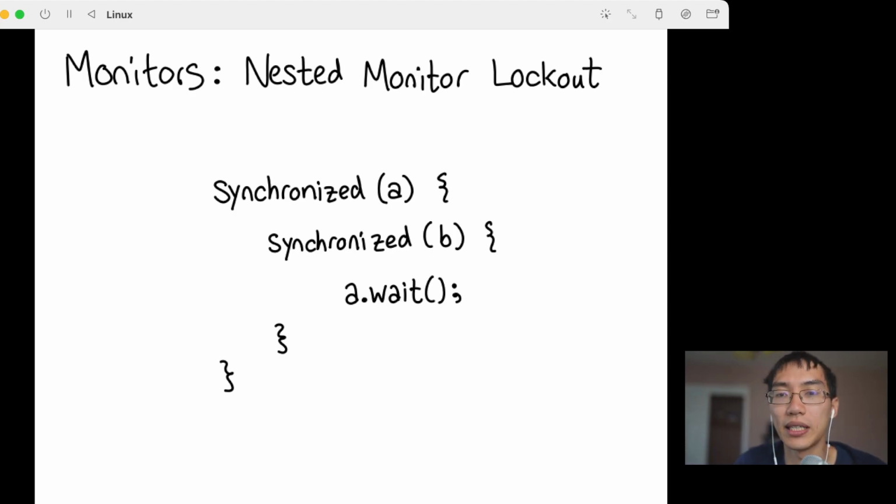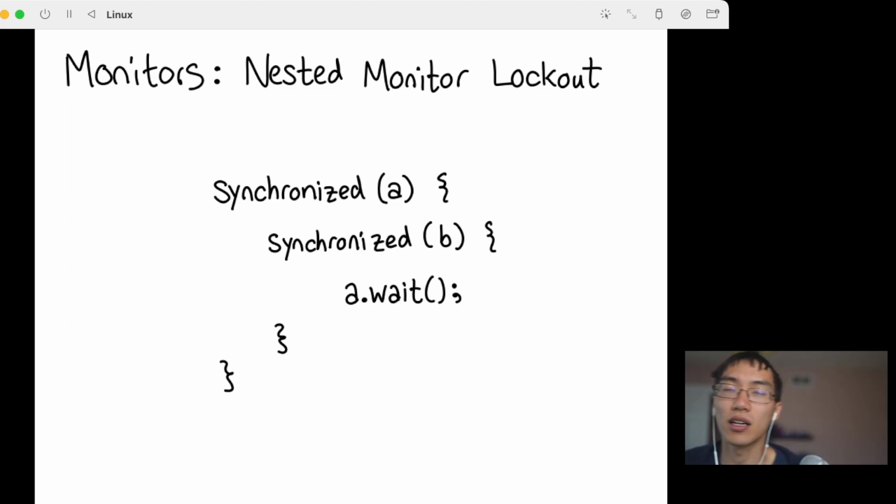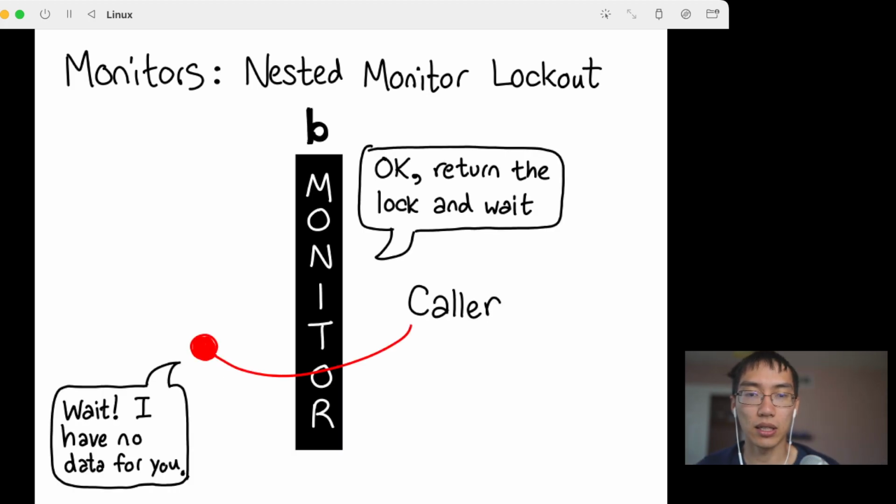So this problem called nested monitor lockout occurs when you take out a lock on A, take out a lock on B, and then try to wait on A. So what does this look like? What's going on here is we said what the definition of wait was, right? The definition of wait was, when I wait, I need to go ahead and return the lock and wait.